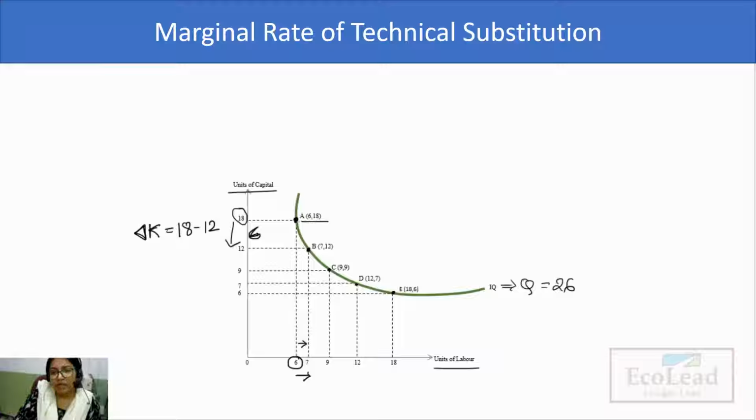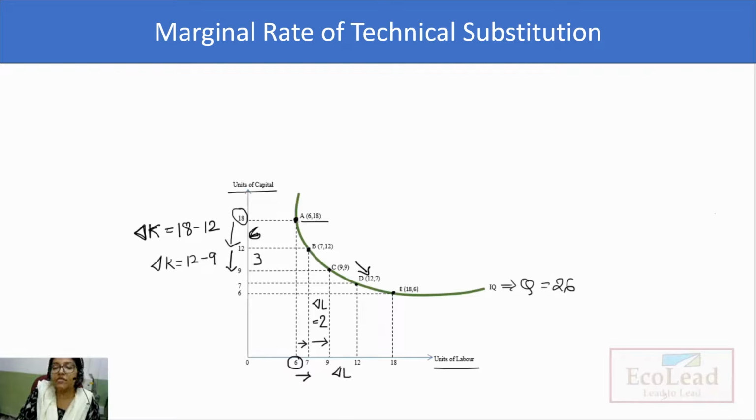Now, here we have sacrificed del K units of capital, which is 12 minus 9, or 3. That means the change in labor, del L, is equal to 2 units. Here we have changed the labor by 2 units but sacrificed only 3 units of capital. Now if we move from point C to point D, what is the change in labor?